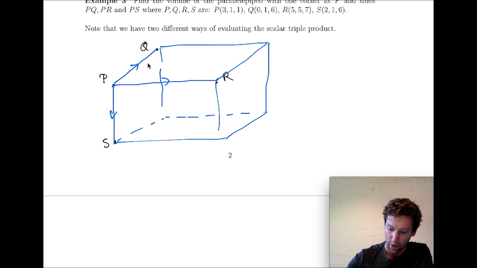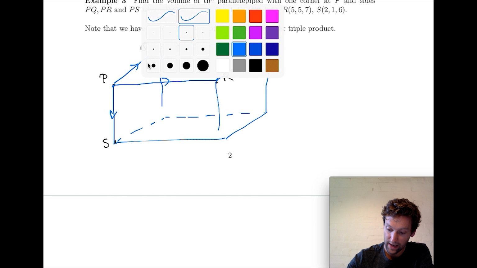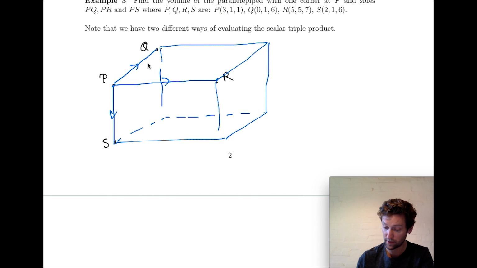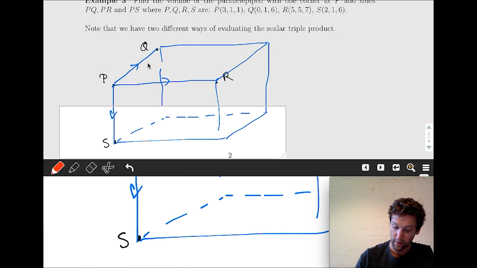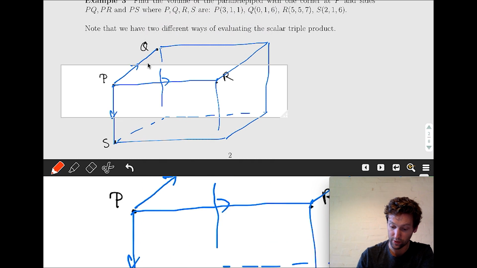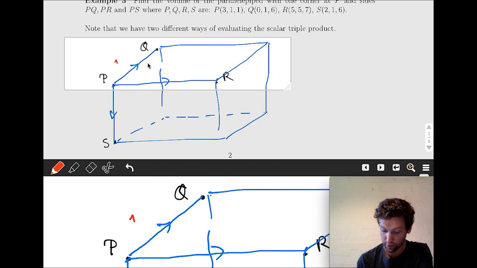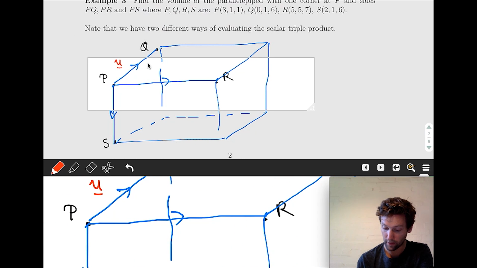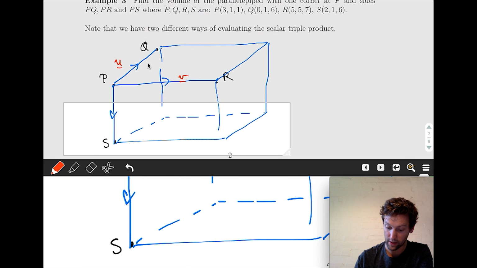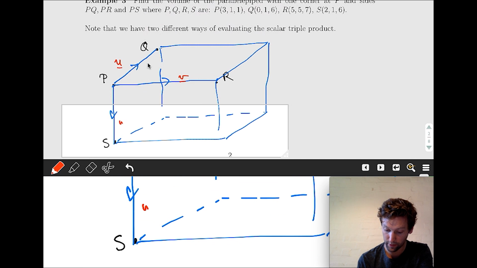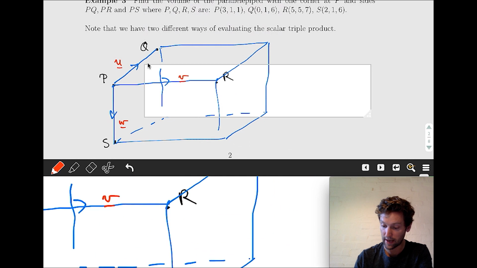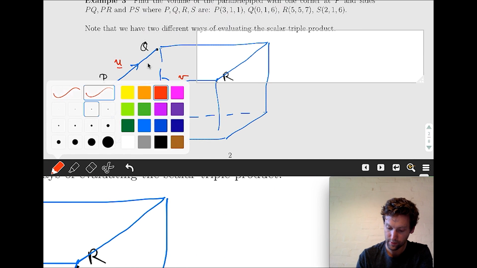To do that, we're going to calculate the vector triple product of these vectors. Let's call the vector u being the vector from P to Q, the vector v being the vector from P to R, and the vector w from P to S. So let me write that out.